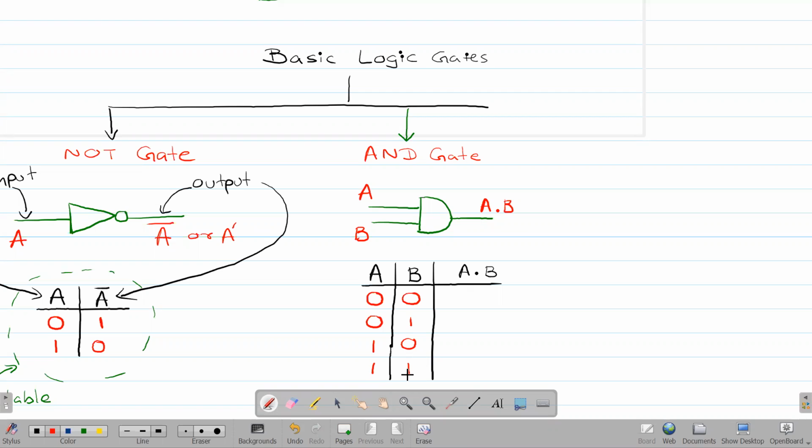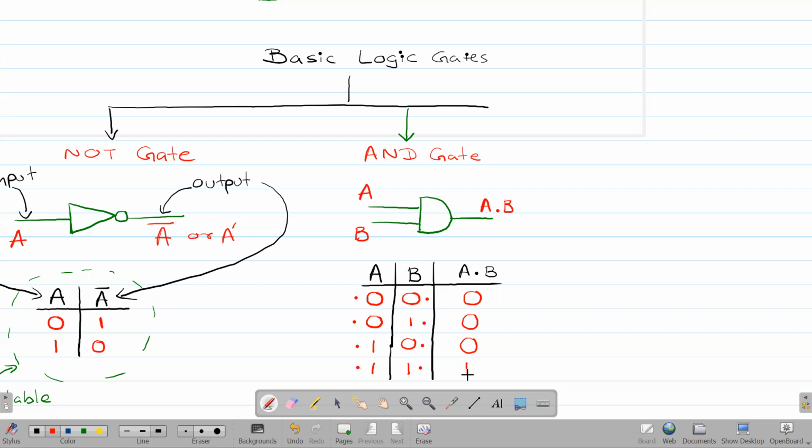Right? And I told you the Boolean multiplication goes very similar to the mathematical multiplication. So that means 0 into 0 will produce you a 0. 0 into 1 will produce you a 0 again. 1 into 0 will produce you a 0. 1 into 1 will produce you a 1.